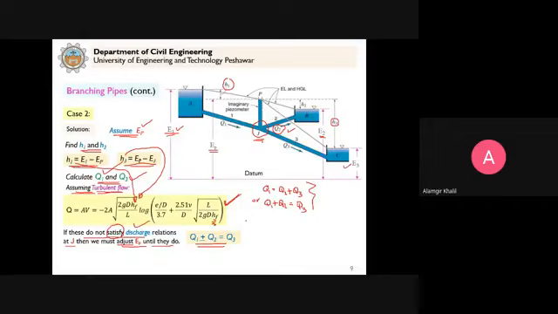So that is why it is a trial and error procedure, because this will be the first assumption, that we assume a value for EP. If the discharge equation is not satisfied, then we have to go for a second trial, and so on, until the discharge equation is satisfied.